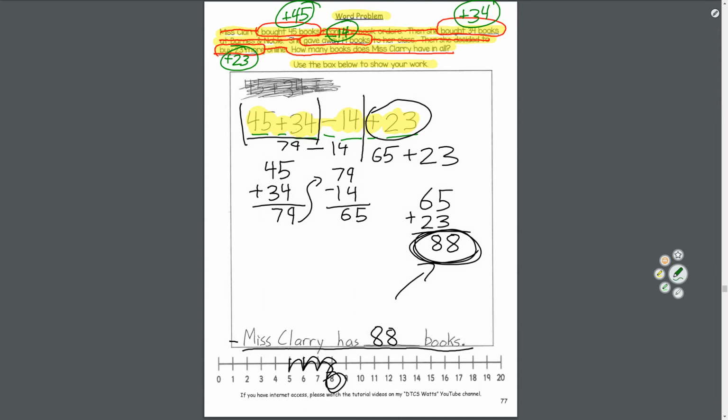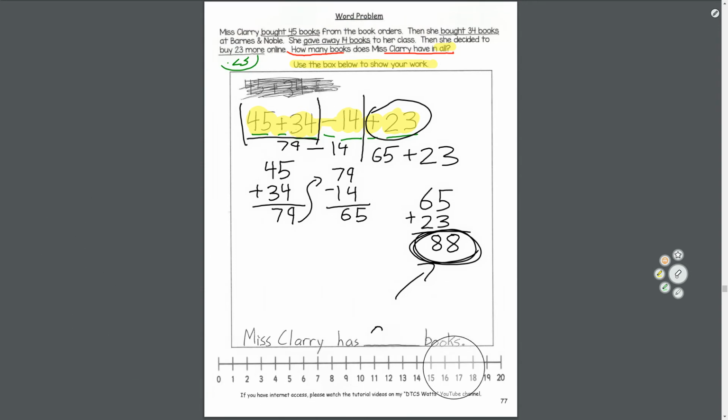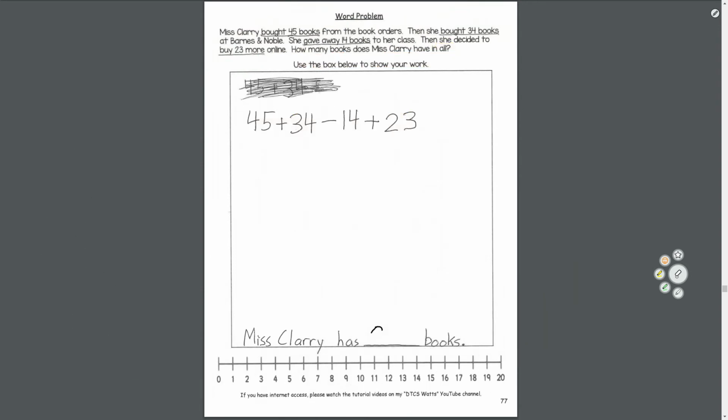Pretty cool, huh? I really like word problems because it combines your reading and your math, and it's just kind of fun. It's kind of like a game. You got to figure out, what do I need to do to answer the question? Okay, number of the day, and then we'll go to Epic Books after that.